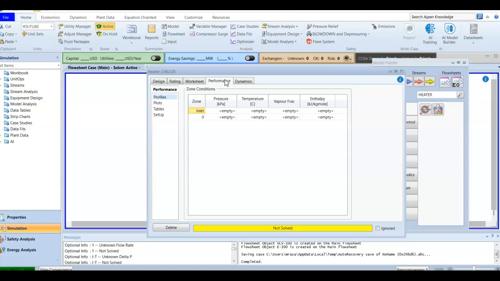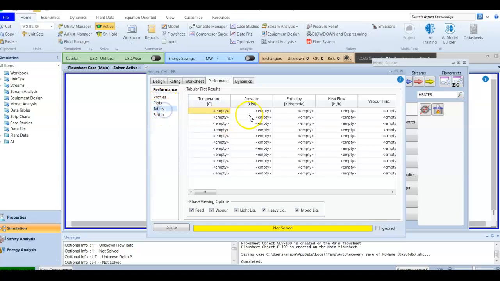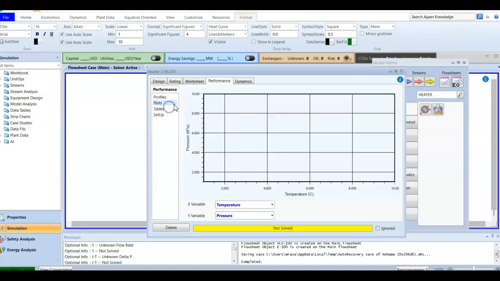Here we have another section with the performance, and this will be available for compressor, pump, heat exchanger, heater, cooler, condenser, and so on. For the performance, here you will have information about your inlet and outlet, any plots that you want to add, and the table data will be printed in a table, and you can plot it over here.